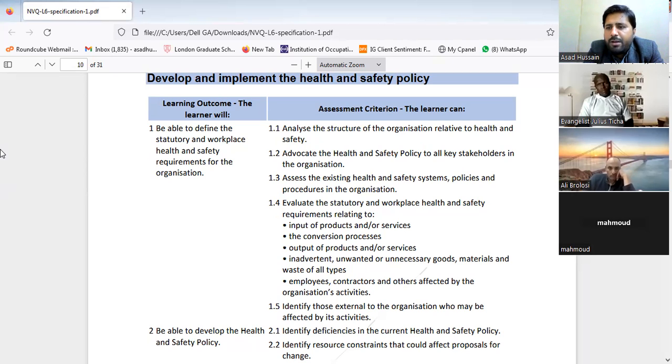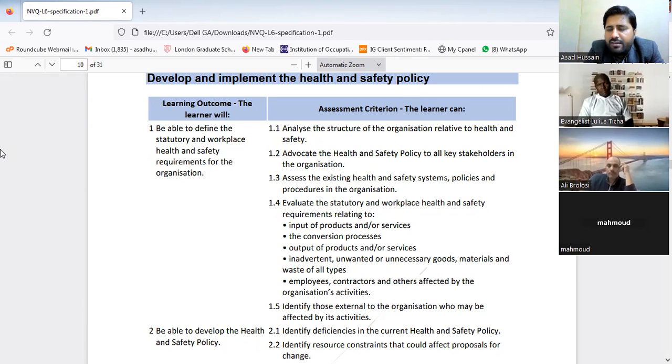So for this purpose, along with the health and safety policy, you have to provide the statutory requirements and regulations, saying you are using this regulation or that regulation.